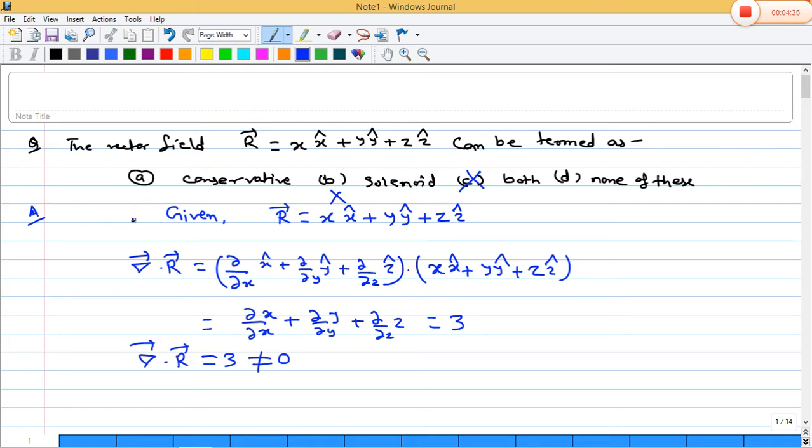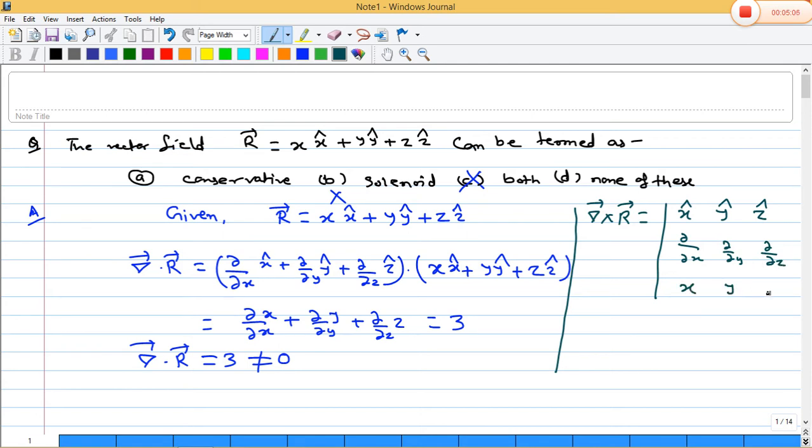Okay. Now I have to check for conservative. For conservative, we have to check the curl. So just check it, curl of R. How can I check? In determinant form: x cap, y cap, z cap, del by del x, del y and del z, here x, y and z.